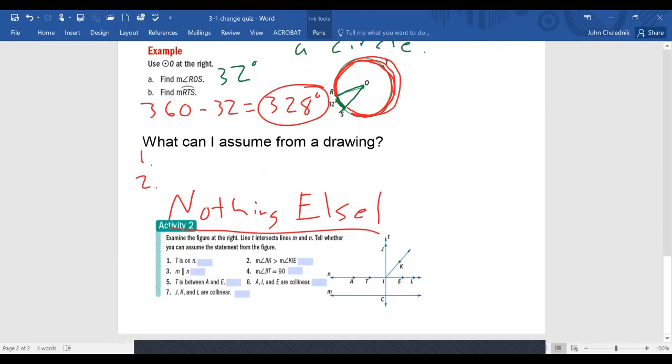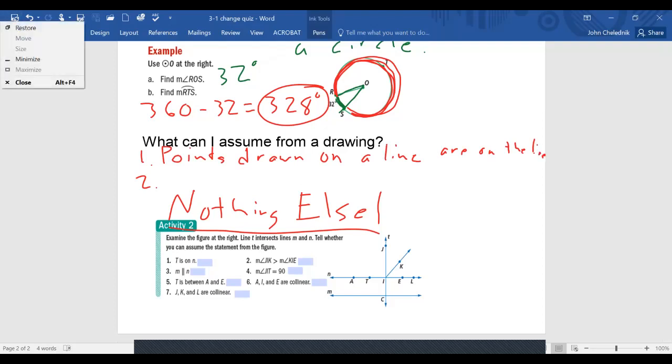The first thing you're allowed to assume is that points drawn on a line are on the line. So if a point appears to be on a line, you're allowed to assume that that point is actually on the line. Okay?